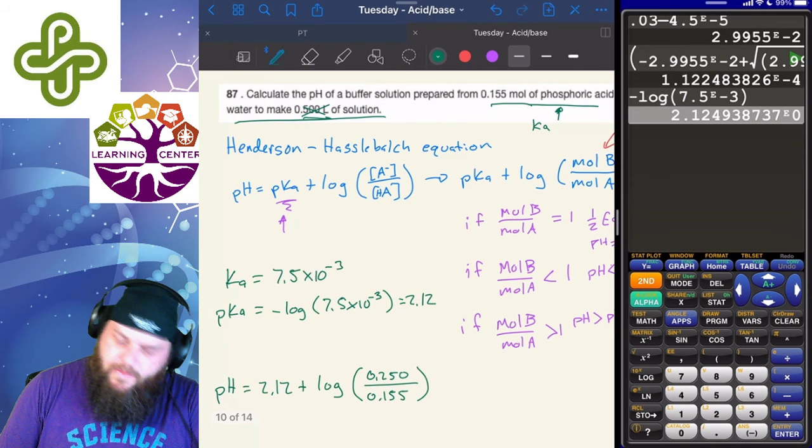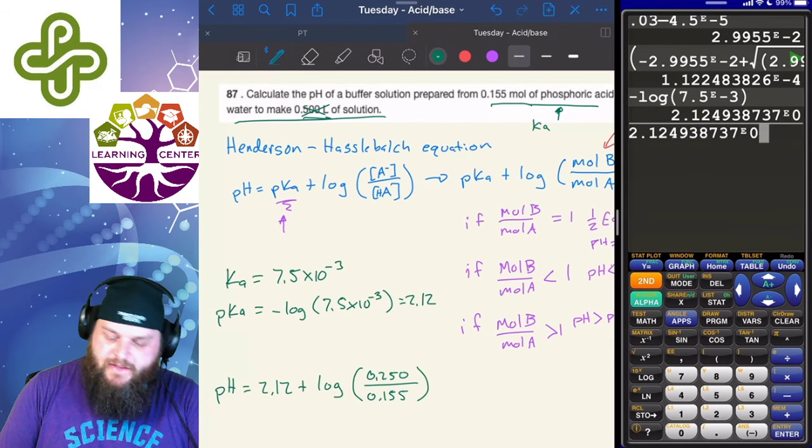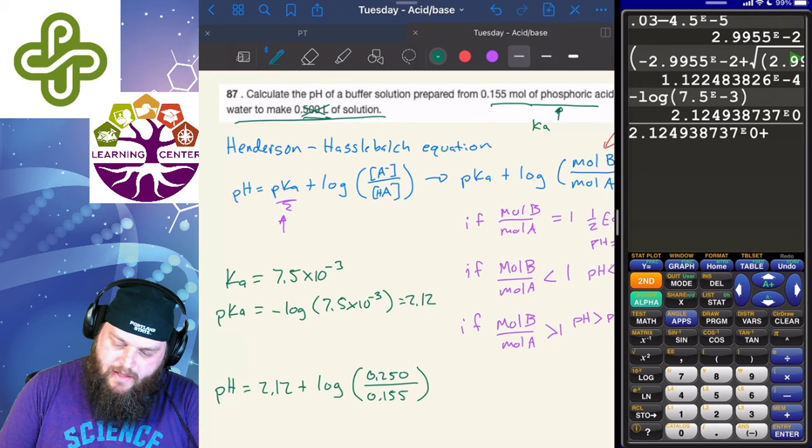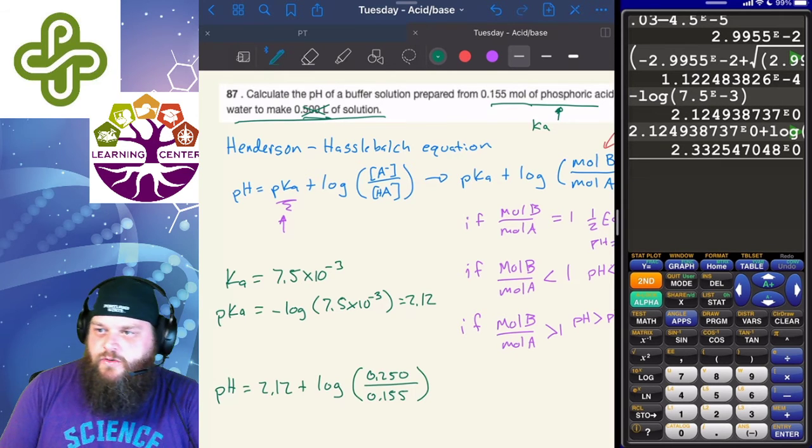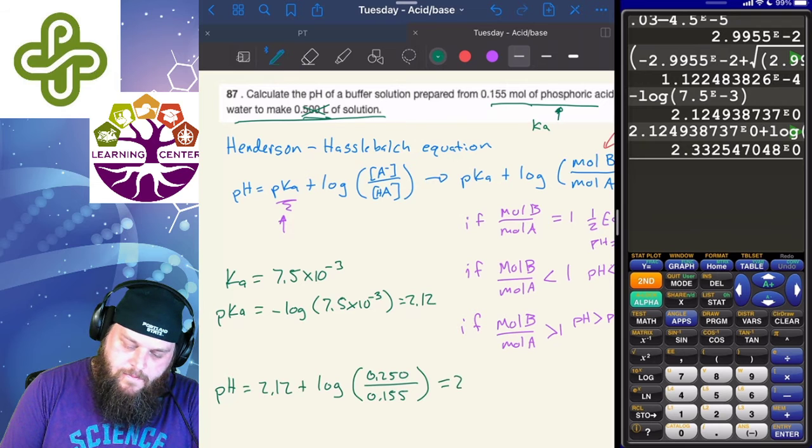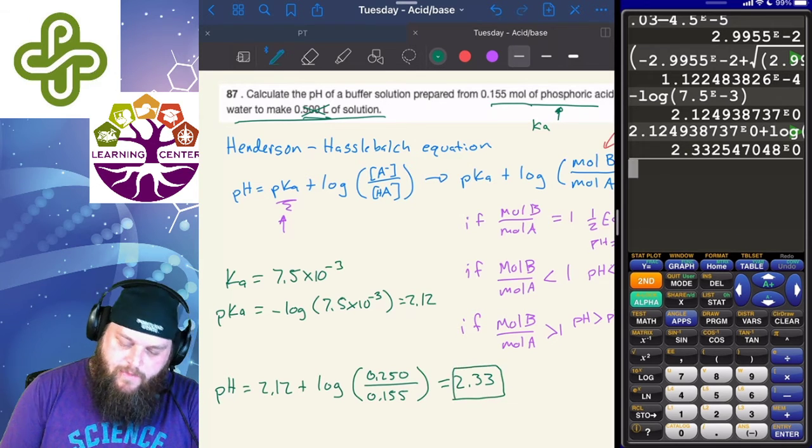So that's my pKa value. I'm going to grab that, paste it down there. I'm going to add to that the logarithm of 0.25 divided by 0.155. And that's going to equal 2.33. So that's going to be the pH of my buffer.